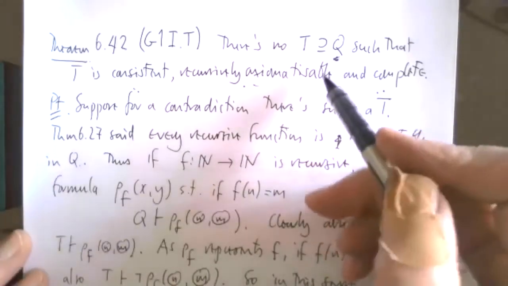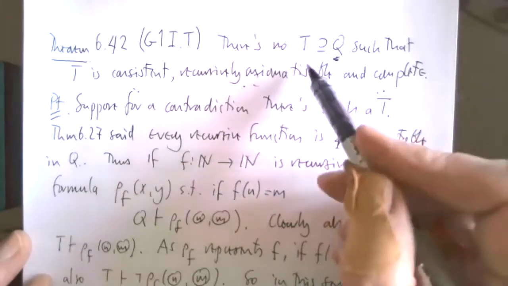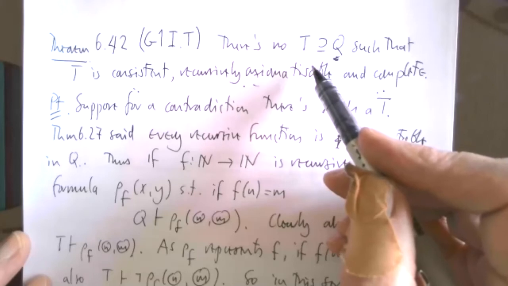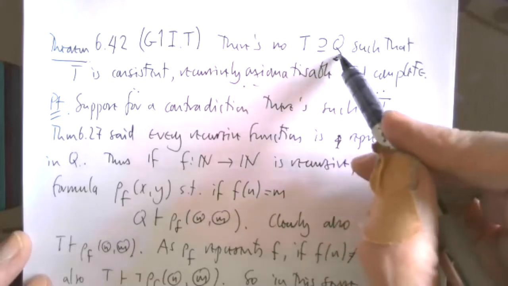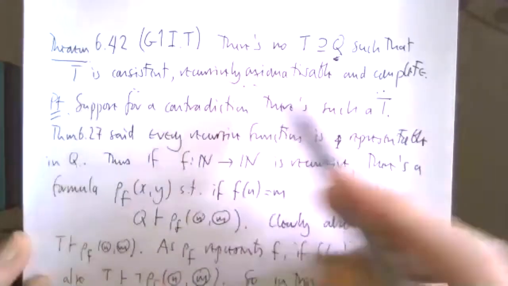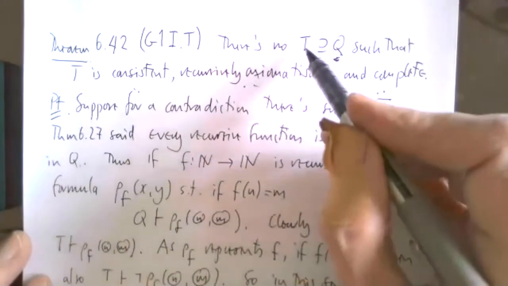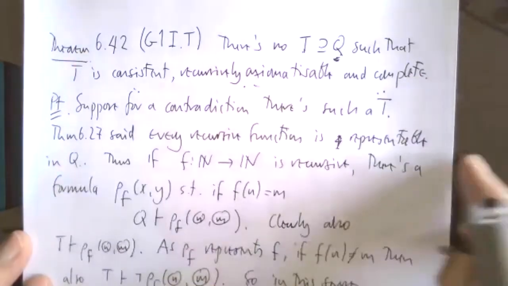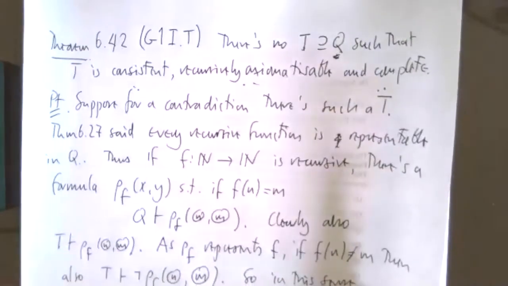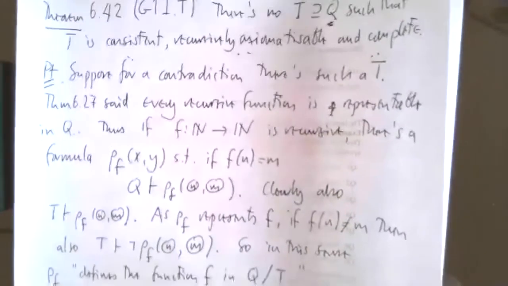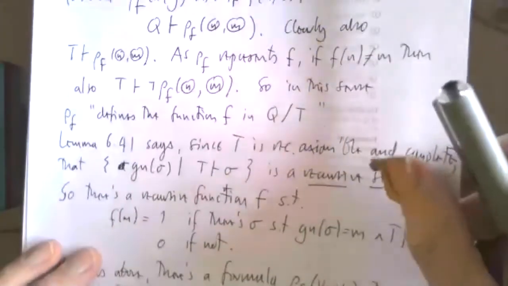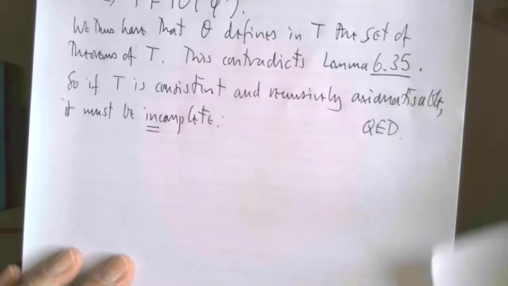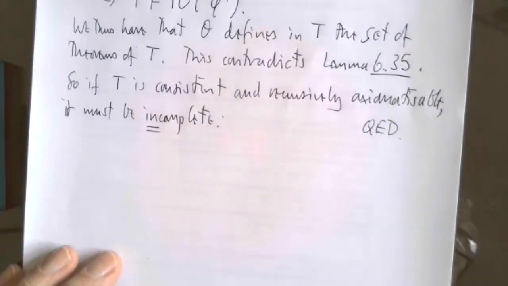So we make this as weak as possible, and then we maximize all possible extensions. So the weaker Q is, the stronger this theorem is. It's talking about all possible T's that extend Q. I'll discuss it a little bit more in a moment.